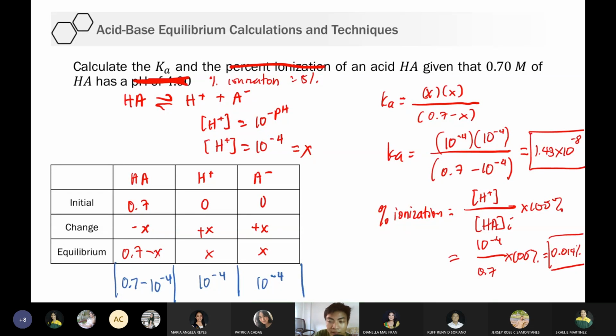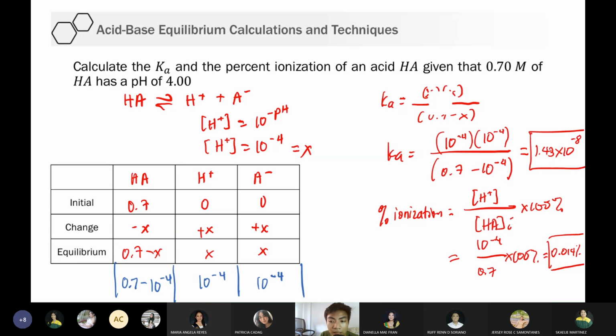Okay? Pwede rin naman, kung hindi pH ang binigay, pwede pOH. So, from pOH, pwede mo yun i-convert into pH. No? Then, pwede mo makuha yung X dito sa table natin. So, ganun yung tatlong typical approach sa ganitong problem.